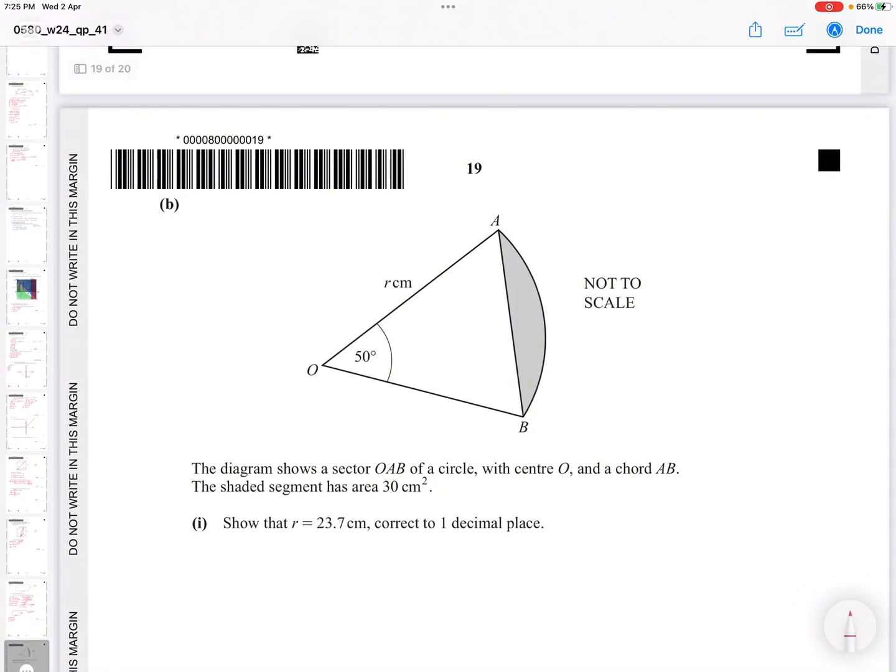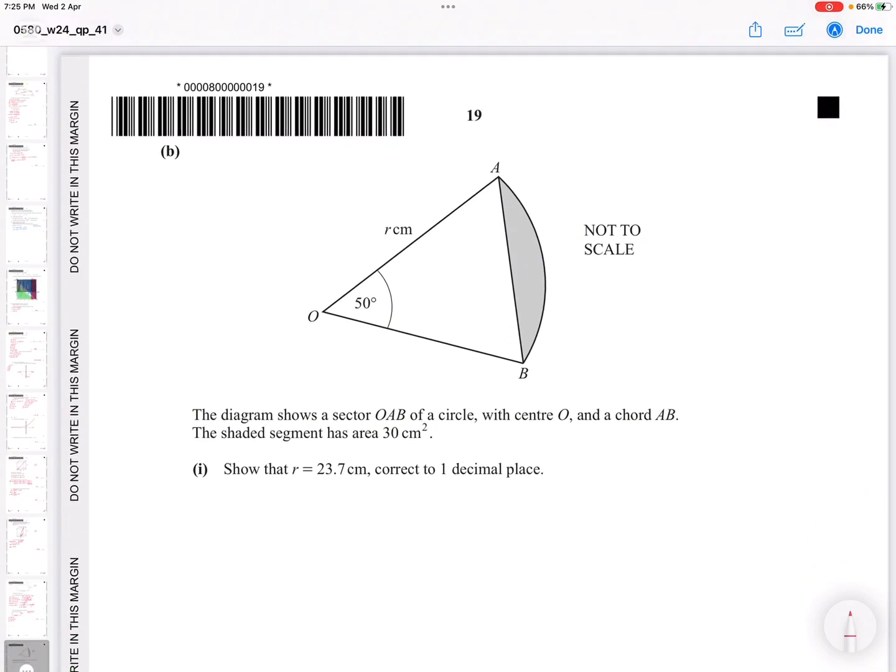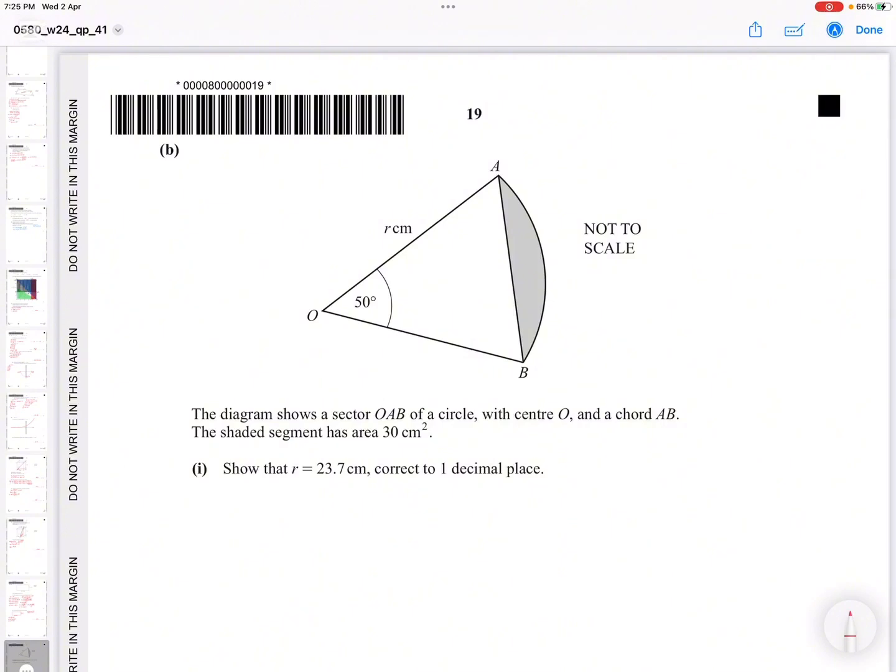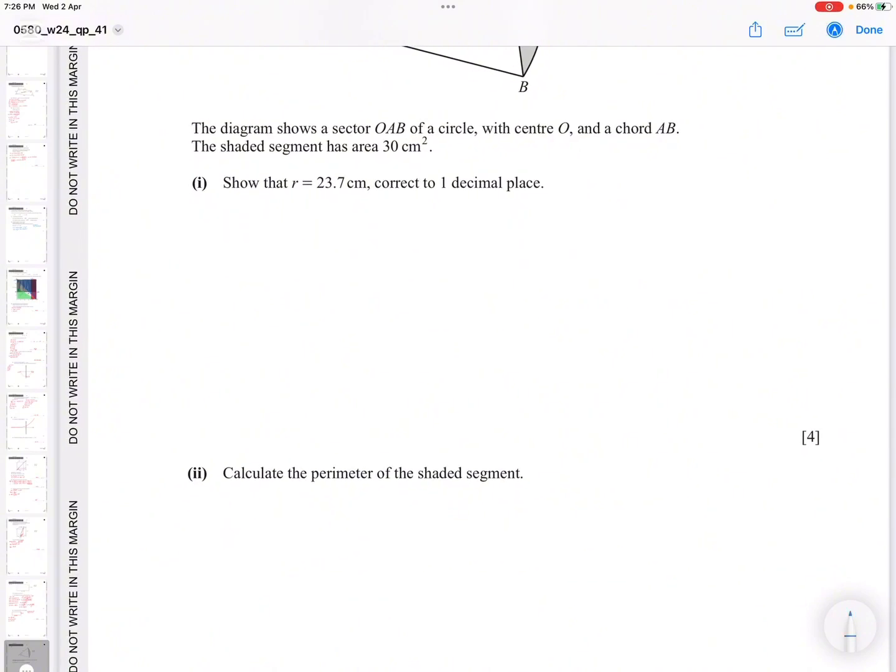B part. The diagram shows a sector OAB of the circle, center O, and a chord AB. The shaded segment has area 30 centimeter square. Show that r equals 23.7 centimeter. Area of segment is equal to area of sector minus area of triangle OAB.